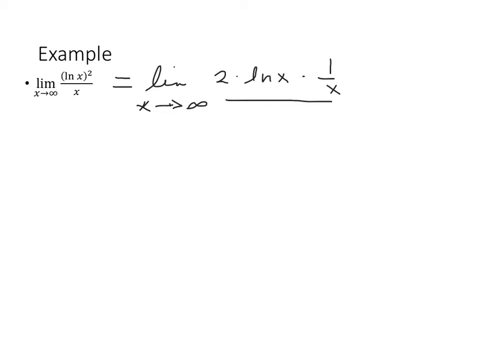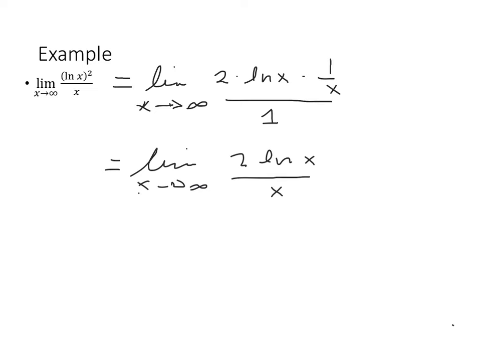And then we divide by the derivative of the bottom, which is just 1. And so what is that? Well, that's the limit as x goes to infinity of 2 times the natural log of x divided by x.